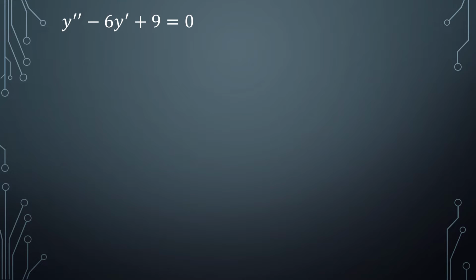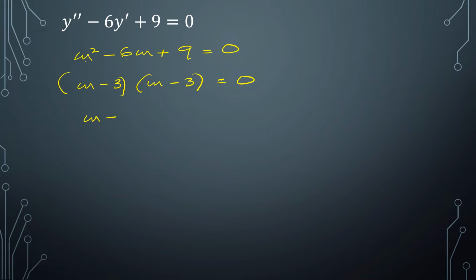In our case 2, again the first thing is to convert and write them in terms of m. So m squared minus 6m plus 9 equals 0. Use mode 5 3 again, you will get m equals 3, writing 1, minus 6 and plus 9. But if I factor them here, I get m minus 3 and m minus 3 equals 0, which means m minus 3 whole squared equals 0, or m equals 3, and 3 has a multiplicity of 2, which means you have to write 3 two times.